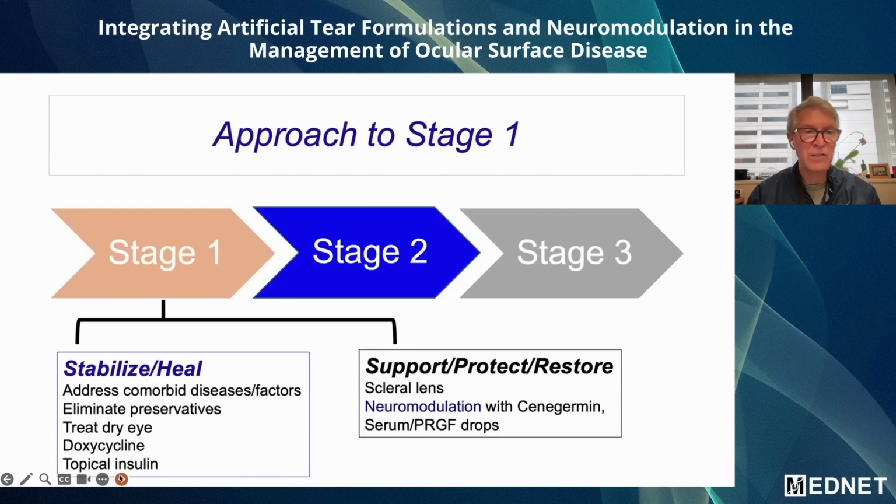There's been a lot of recent interest in using topical insulin. Then, to support, protect, and restore the nerves of the ocular surface, there are scleral lenses, neuromodulation with Cenegermin, the only FDA-approved therapy at this point for NK, and then autologous serum or plasma-rich growth factor drops.